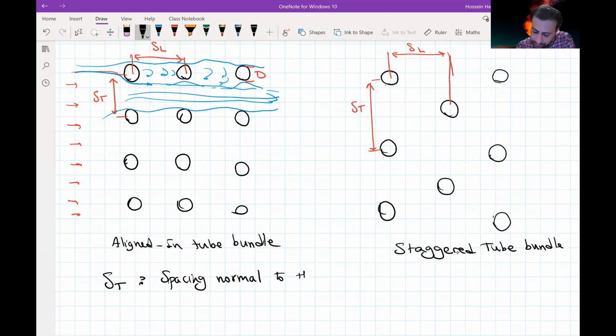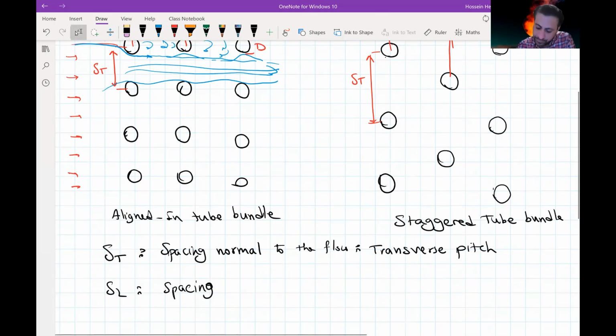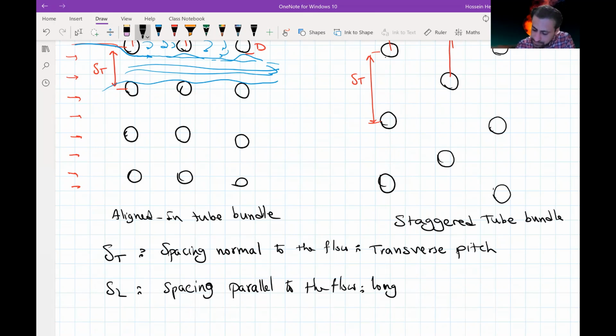ST is the spacing normal to the flow, we call it transverse pitch, and SL is the spacing parallel to the flow, or longitudinal pitch.